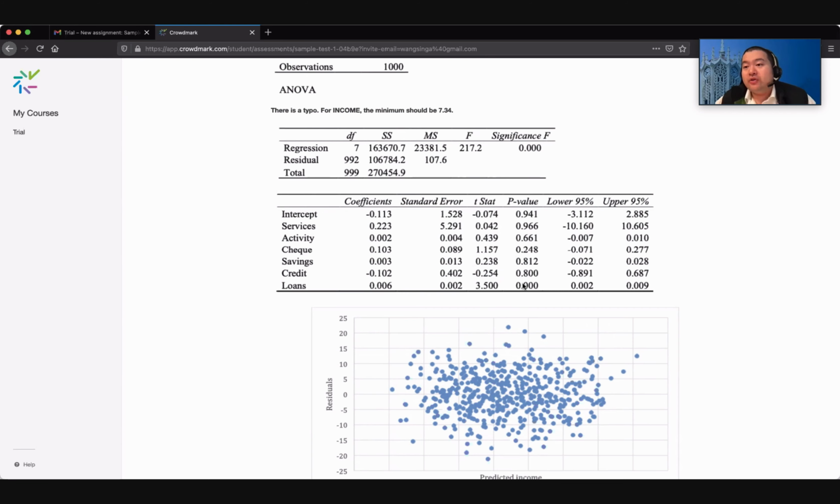So this could be the causal effect, very clear. And you can say we should issue more loans, because when loan increases by 1 unit, the income will increase by 0.006, and it is statistically significant. So this is the suggestion for the bank.